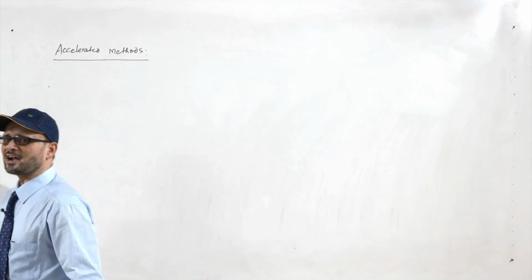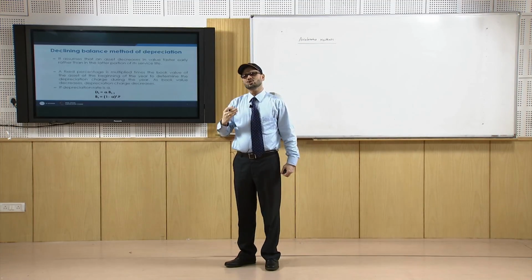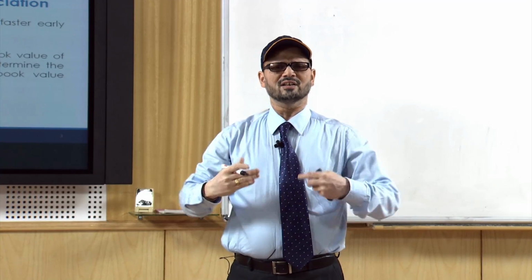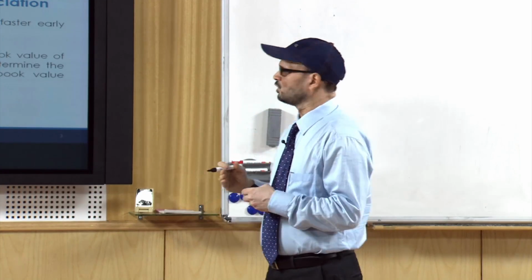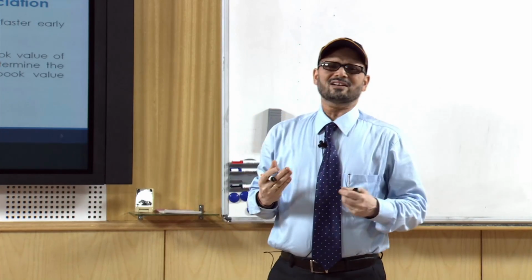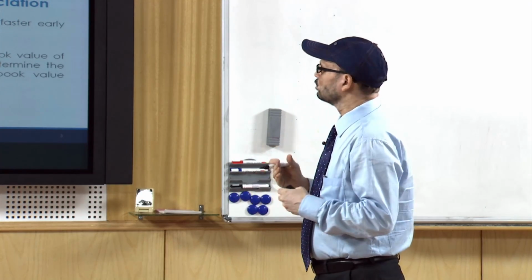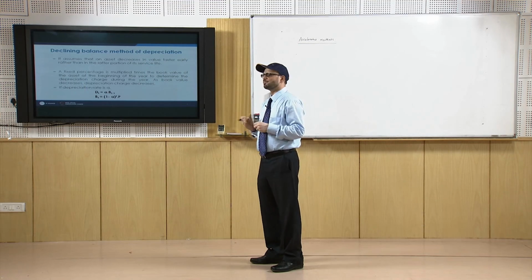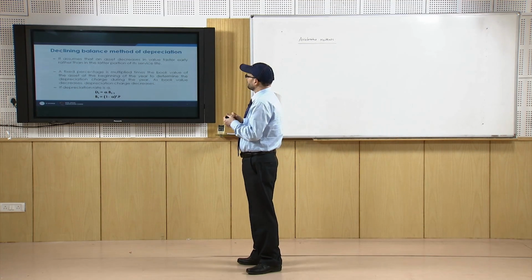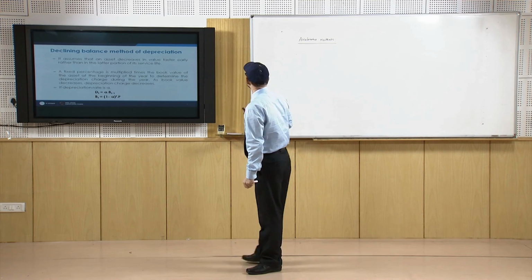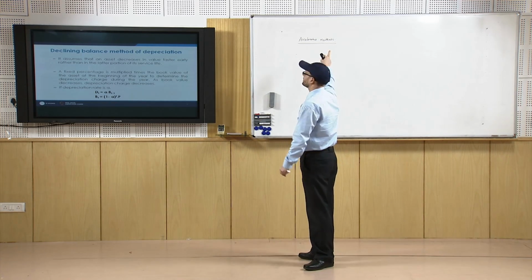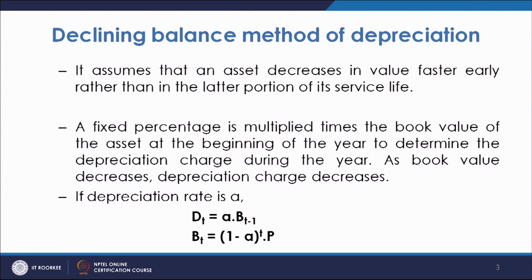It is also realistic that things lose their value more during their early years than in the later part. The declining balance method, which is one type of accelerated method, assumes that an asset decreases in value faster early rather than in the later portion of its service life.